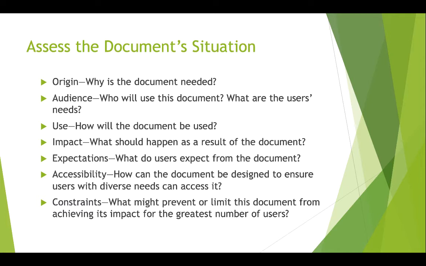Finally, the situation also includes accessibility, so how the document is designed to ensure users with diverse needs can access it, but also constraints. What might prevent or limit the document from achieving its purpose? Sometimes budget can be a constraint, but also time.